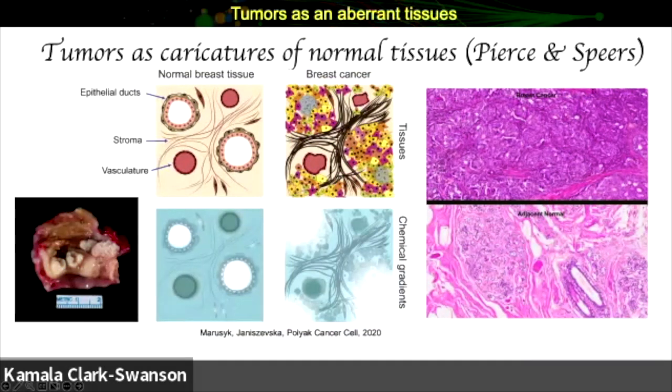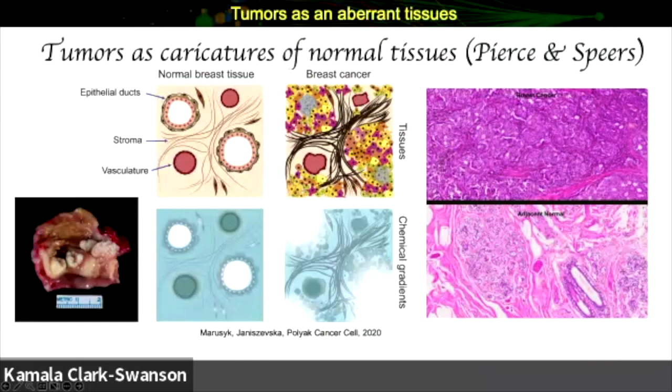So what are the features of the caricature? One thing, it has to represent the original, but in some messed up and hypertrophied form. So in epithelial cancers, you still see the same tissue components as in normal tissues, but your epithelial compartment goes way out of whack.